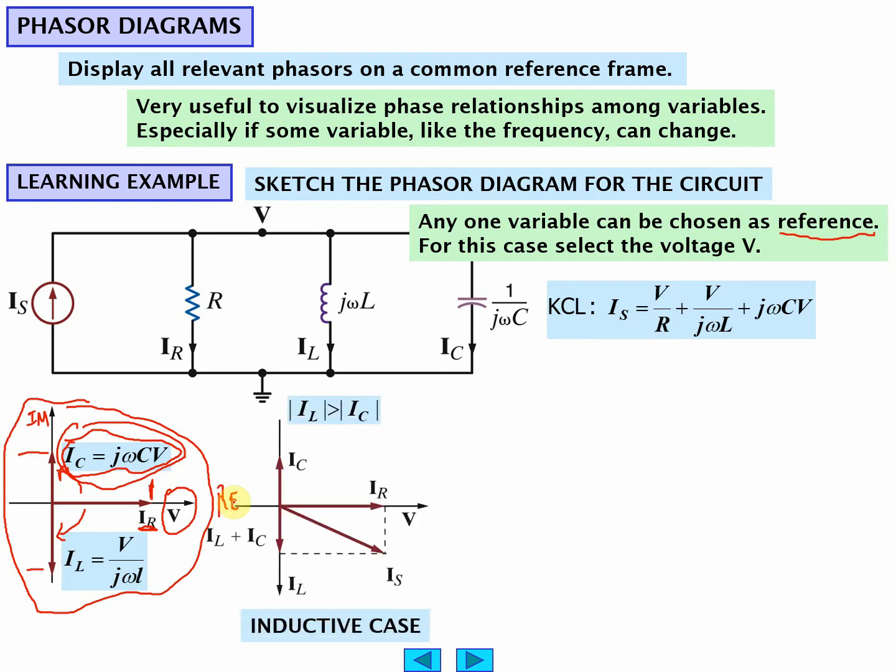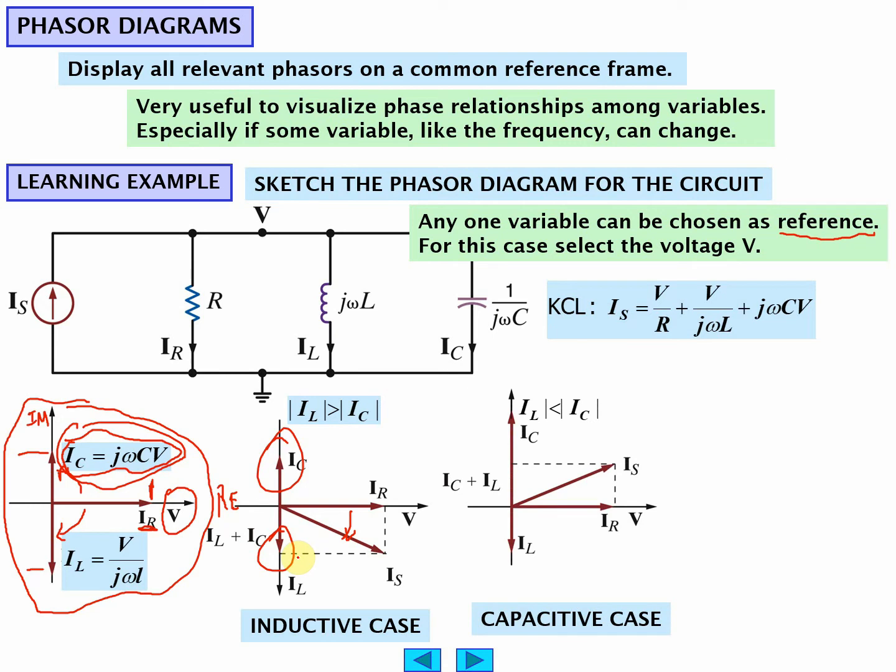Okay. If inductance dominates, you're going to have a negative phase angle because this arrow is going to be bigger than this one. If capacitance dominates, just the opposite. This arrow is bigger than this one.